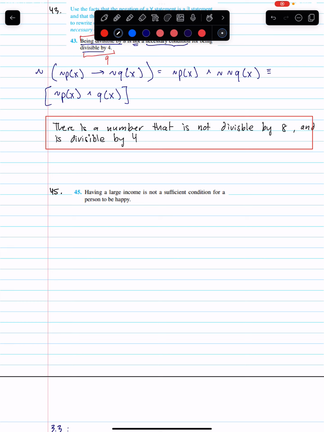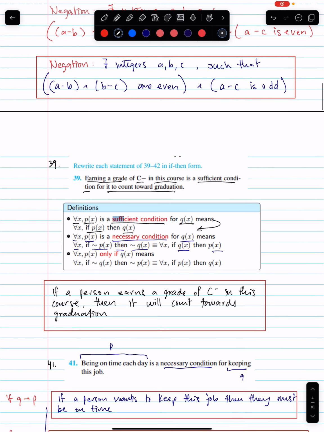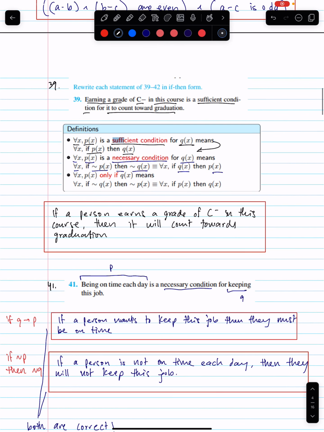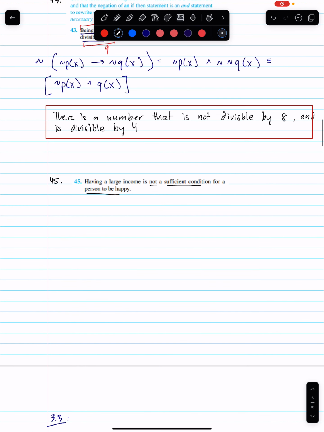Having a large income is not a sufficient condition for a person to be happy. So if you remember, sufficient condition is pretty straightforward because it just means if P of X, then Q of X, right? So this is P, this is Q, and first we'll find the negation of a sufficient condition.